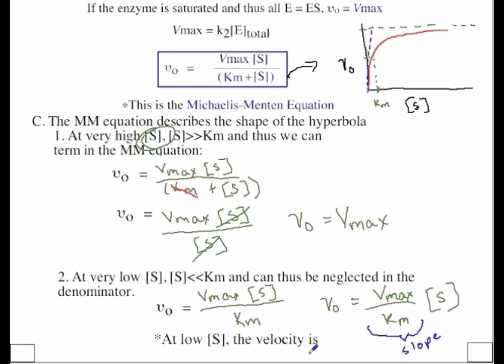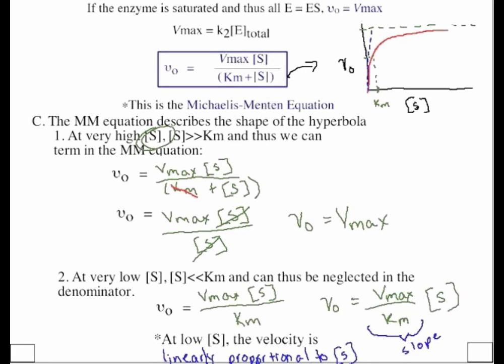So we could go ahead and write that in. Linearly proportional. I'm having some spelling issues. Linearly proportional to concentration of substrate. Excellent.